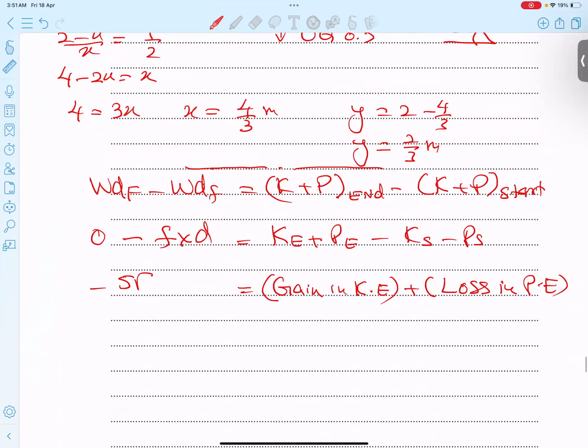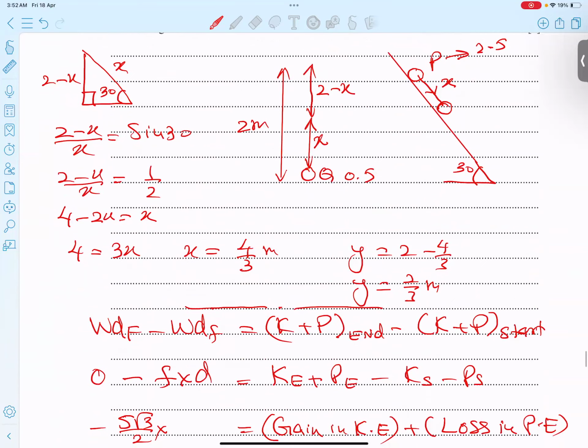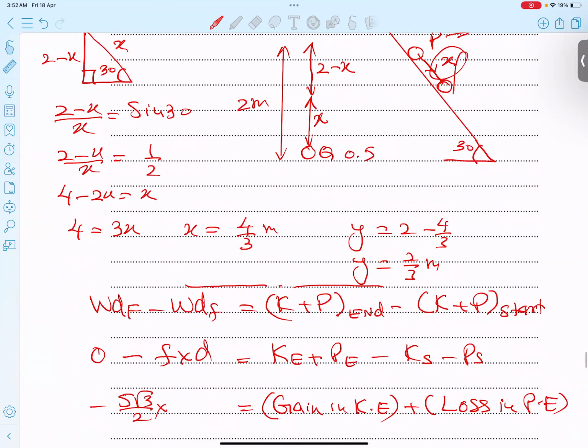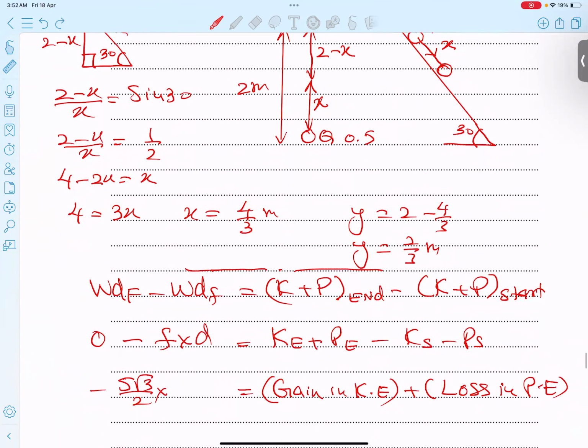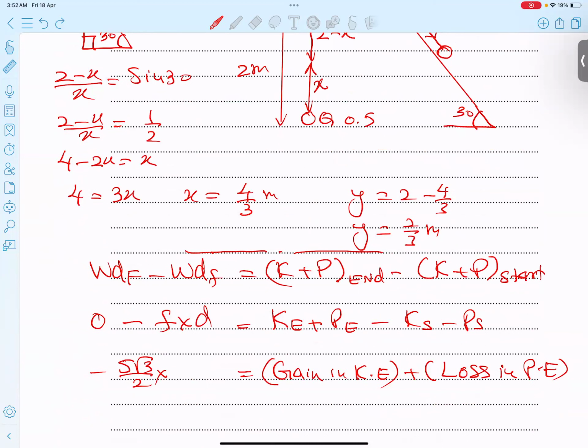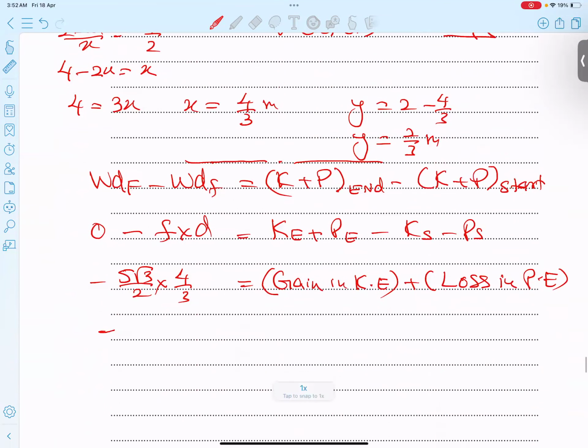And the distance it travels is x, that is 4 over 3. So 5 root 3 divided by 2 into 4 over 3, and it becomes negative 10 root 3 over 3.